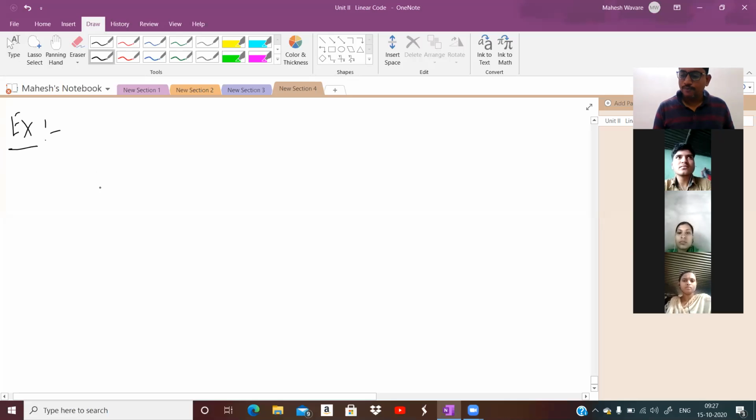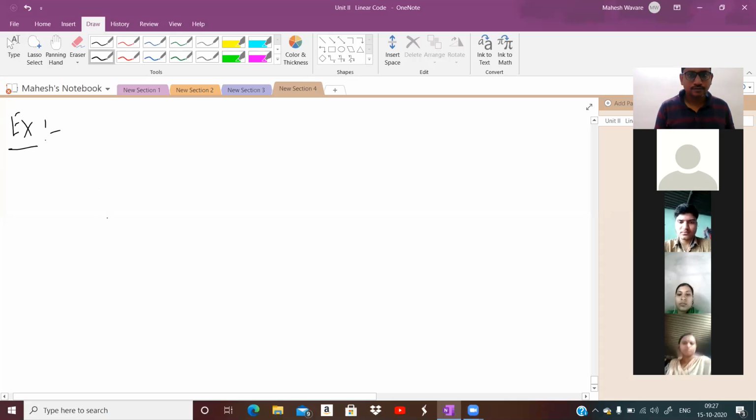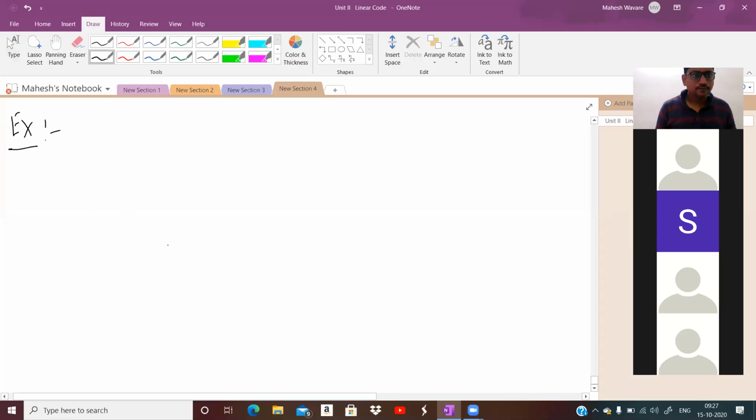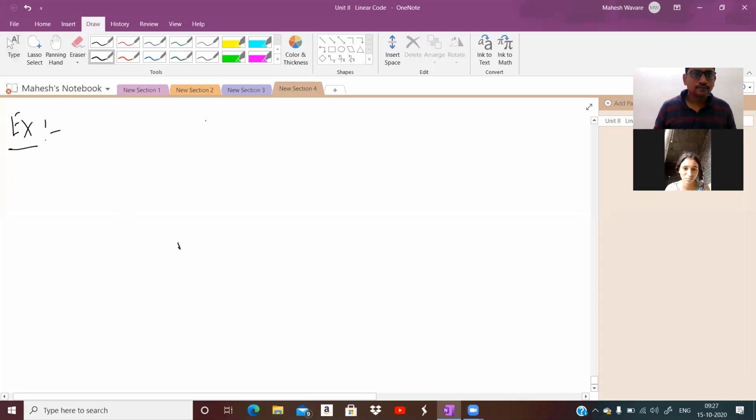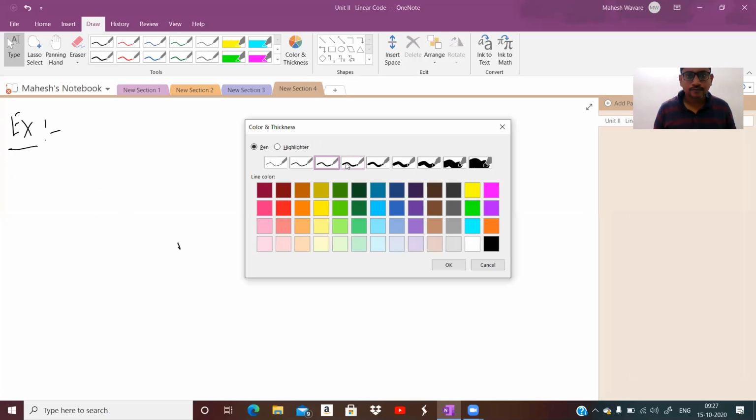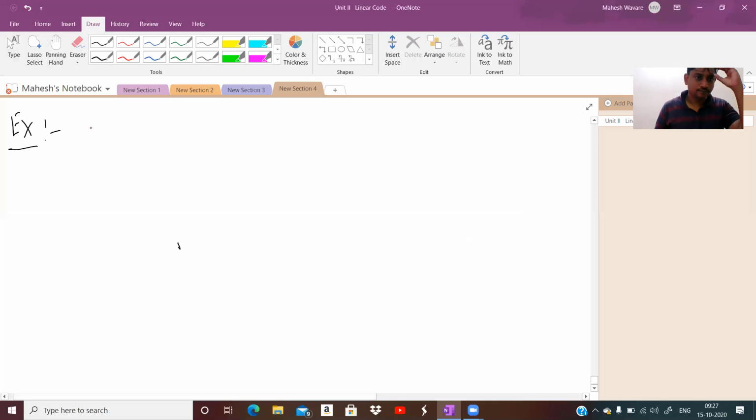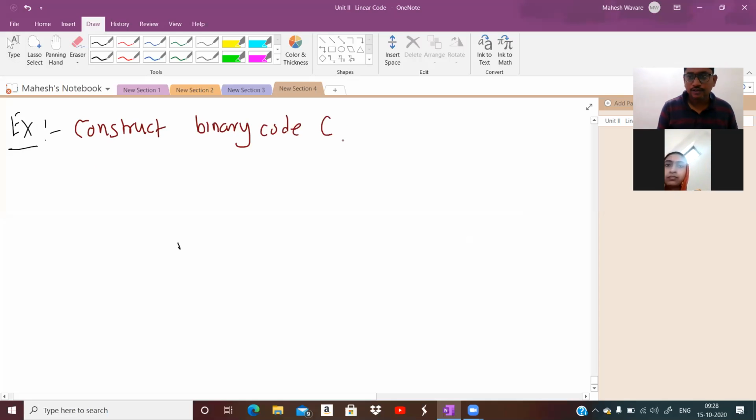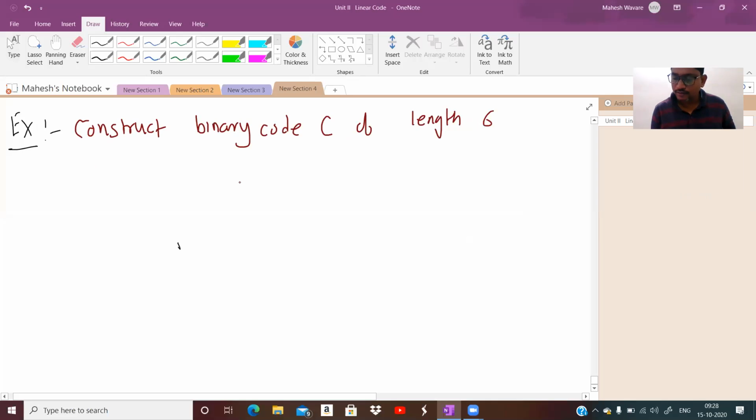Construct a binary code C of length 6 as follows.